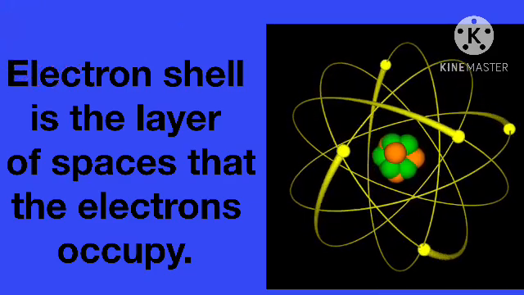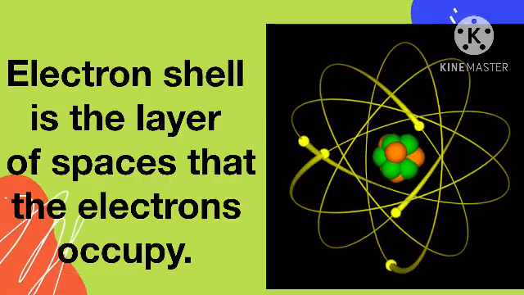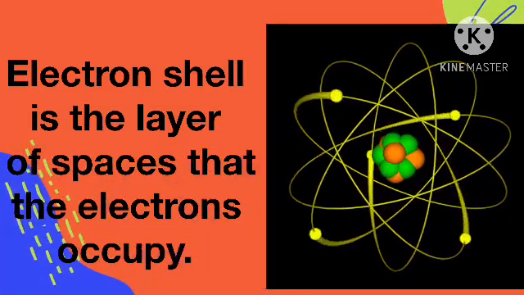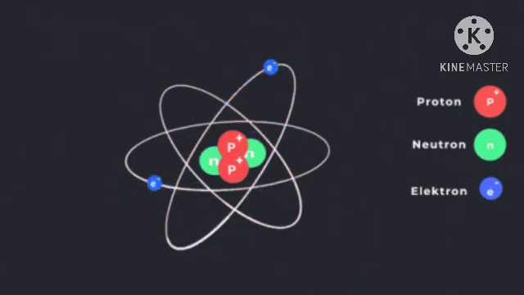While the protons and neutrons are found in the nucleus of an atom, the electrons move around the nucleus in spaces called the electron shells.